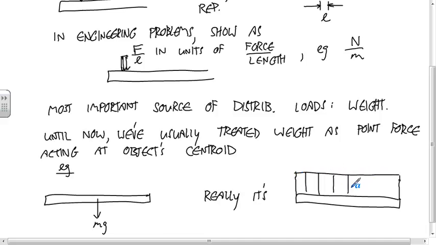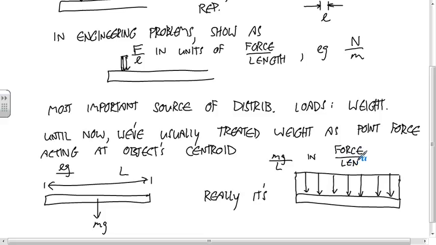The weight is a uniform distributed load. And if the length here is capital L, then this distributed load has a magnitude of the total weight divided by L, in units of force per length.